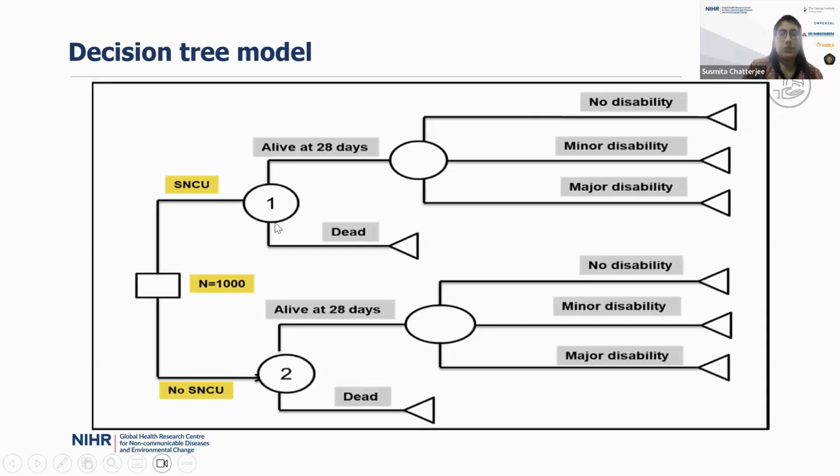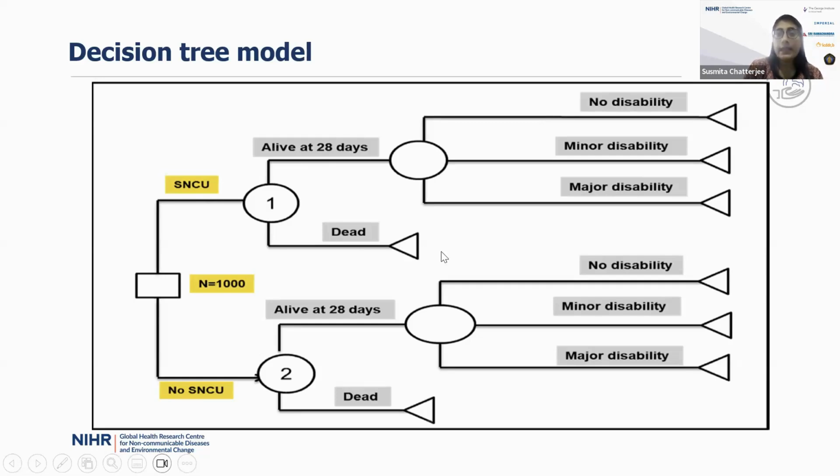So there are two decisions. There are two chances. If there is an SNCU, the child will be alive at 28 days of treatment, or they will be dead, right? Dead meaning this is the terminal node.